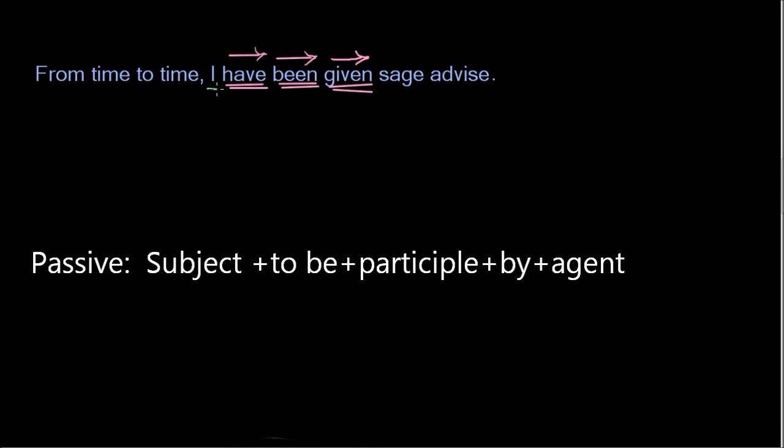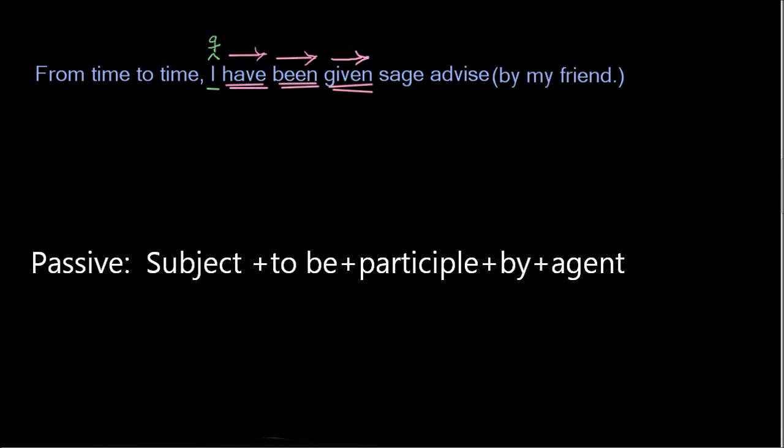But at this point, you would get suspicious. However, you don't see the word by there yet, do you? Well, if the agent isn't important, you can just leave it out. But if you're trying to determine, am I in the active or passive voice, you might want to just throw somebody in there.